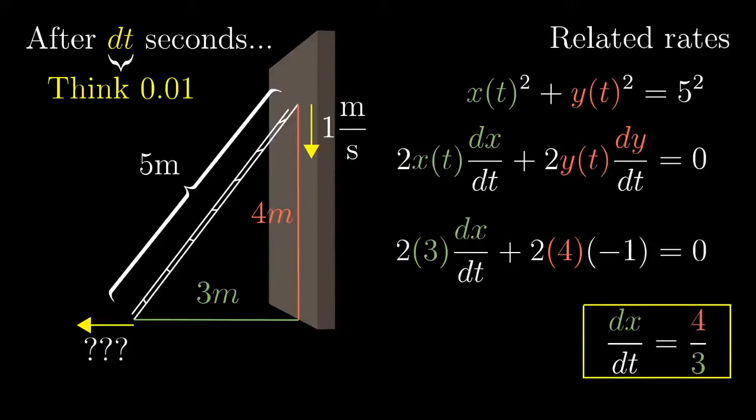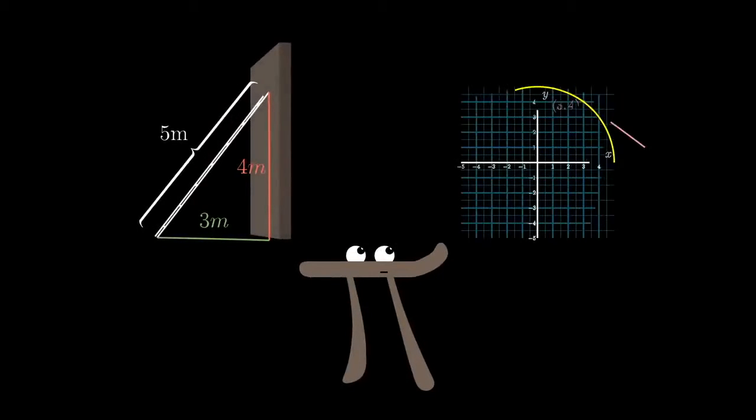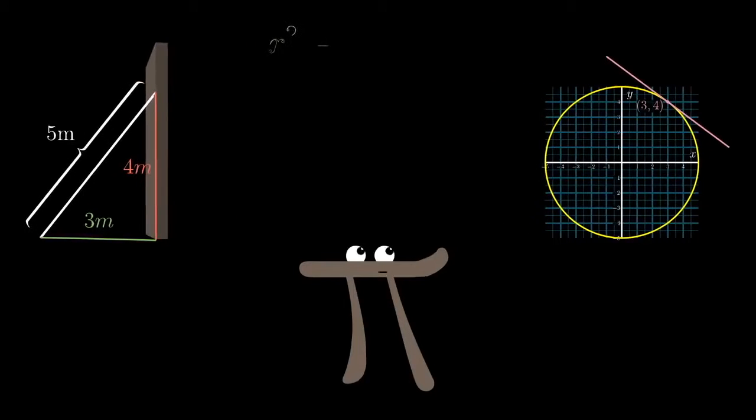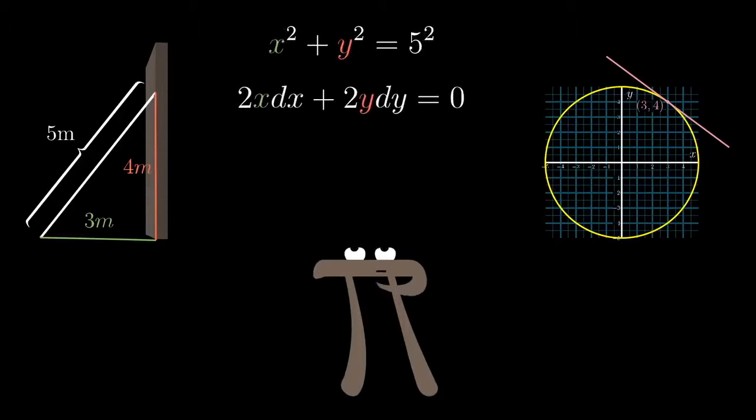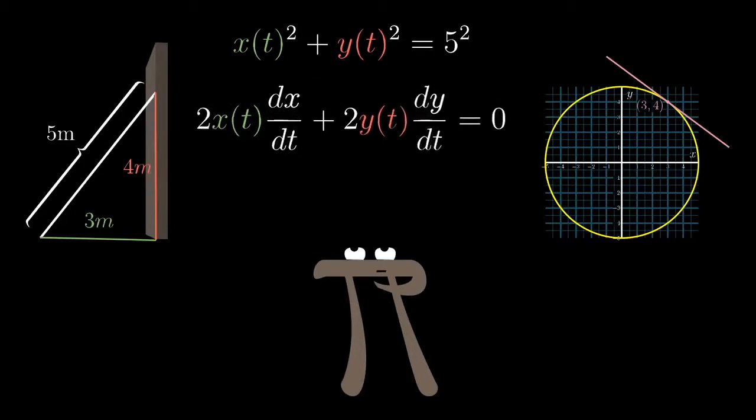The reason I bring up this latter problem is that I want you to compare it to the problem of finding the slope of a tangent line to the circle. In both cases, we had the equation x squared plus y squared equals 5 squared, and in both cases, we ended up taking the derivative of each side of this expression. But for the latter question, these expressions were functions of time, so taking the derivative has a clear meaning.